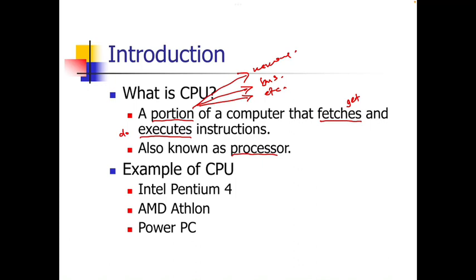If you look at examples of CPUs, there are many types, but here we are familiar with these two: Intel or AMD, and sometimes PowerPC also, which is actually related to the Apple processor.